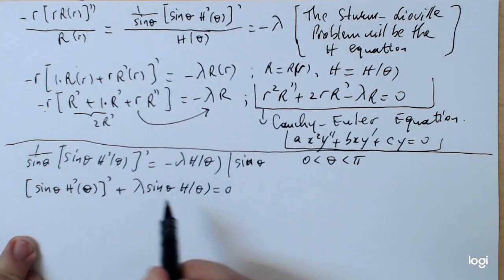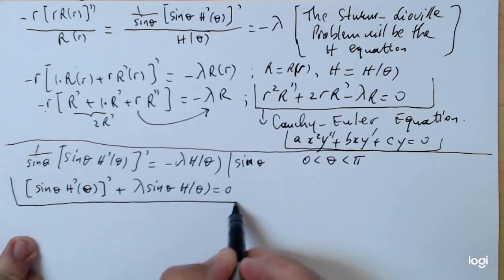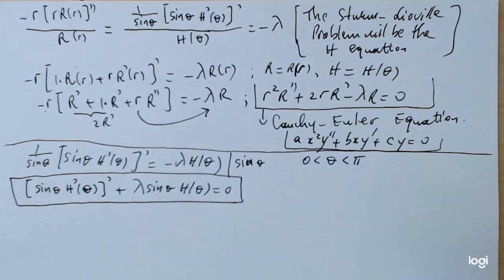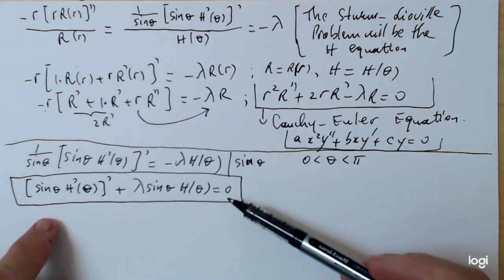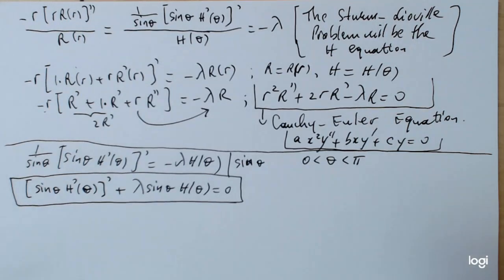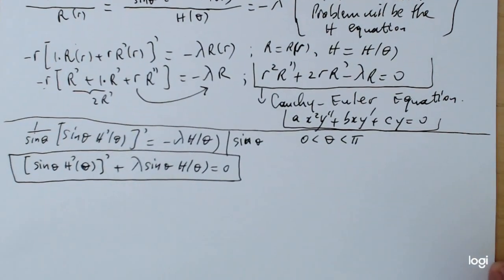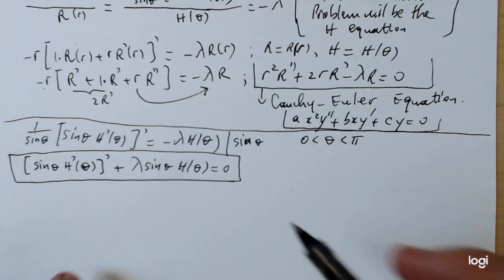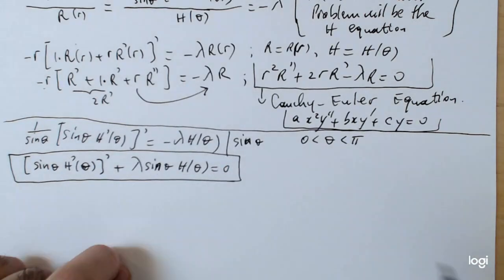All right, so it's worthwhile to mark it down and have it in your mind, because for many problems, you're not going to do these steps all over again. So once you do a steady state temperature in spherical coordinates, you can start with this and with this. Once we went over this process once, you don't have to do it one more time. So this will be the equation in H.